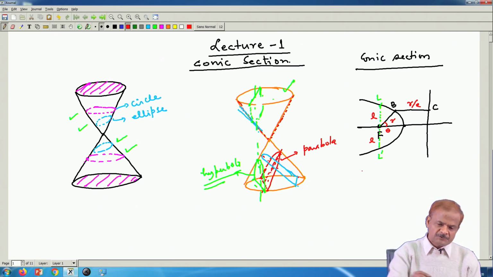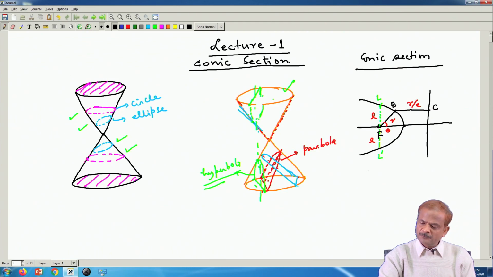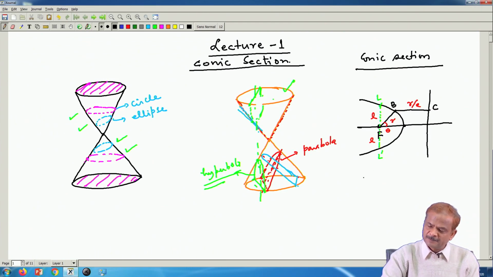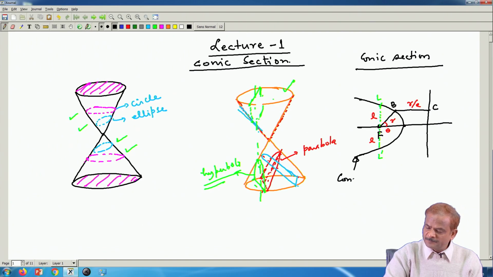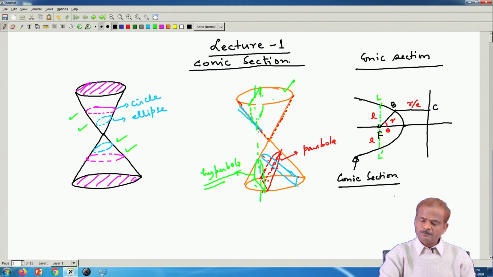This figure is a little distorted. So, now we go into the definition of the conic section. What we have shown here, this curve, is your conic section. This can be an ellipse, part of an ellipse, a parabola or a hyperbola.